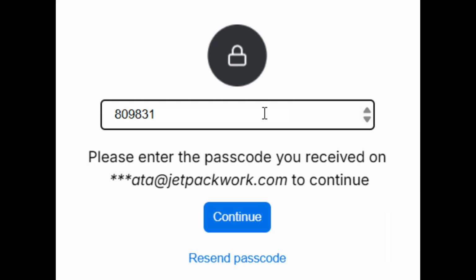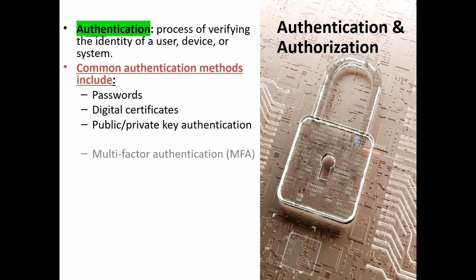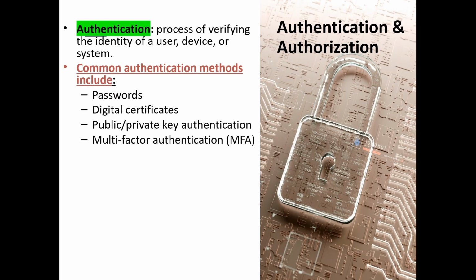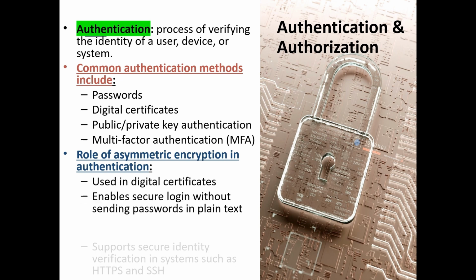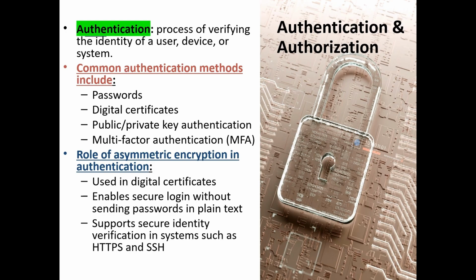Now, the role of encryption here in authentication is that it's used in digital certificates. It enables highly secure login without sending a password in plain text. It also supports secure identity verification in systems like HTTPS and SSH.